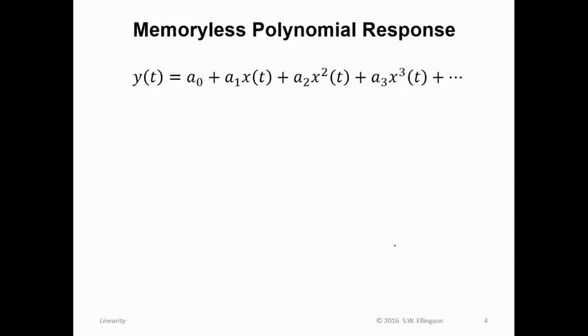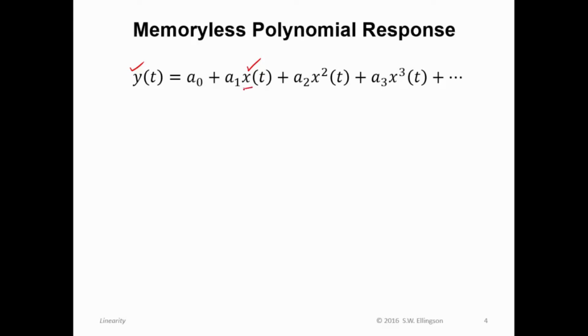So one way to go about doing this is to invoke a concept known as memoryless polynomial response. And what that means is we assume that the output of the device, this could be a voltage, it could be a current, is given by the input x of t, which again could be either a voltage or a current, through a polynomial response.